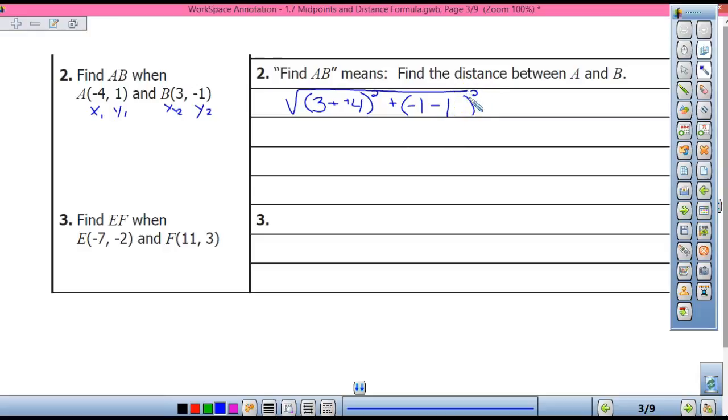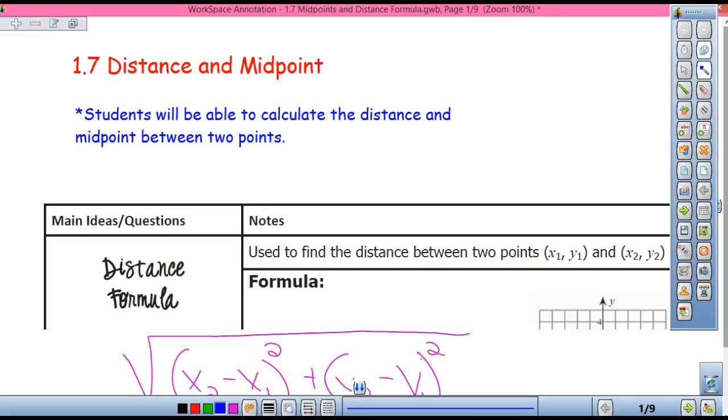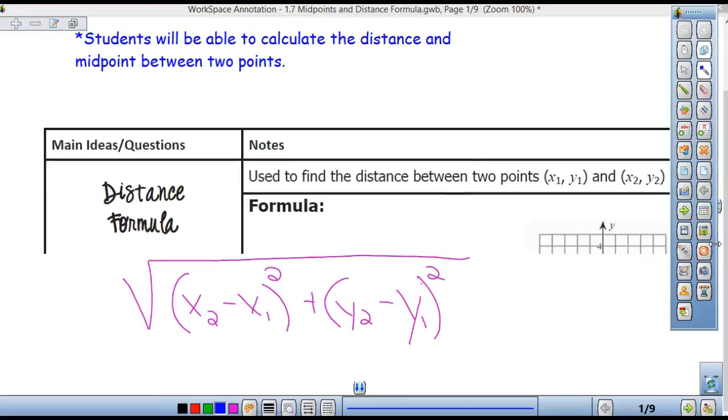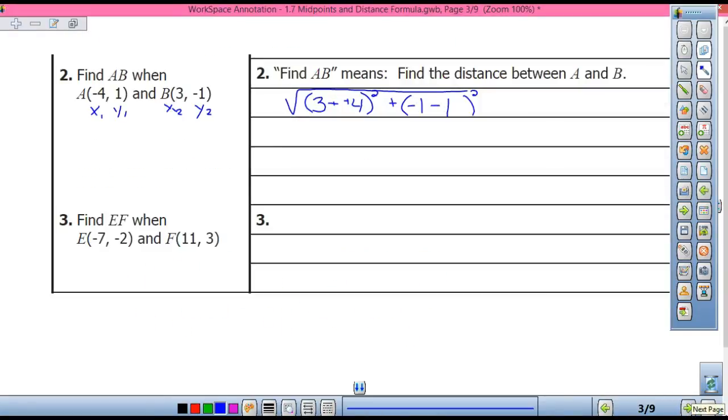Because we have the formula, Adrian, is x2 minus x1. So your formula is the square root of the whole thing. Okay, so when we got here, it was 3 minus -4. Minus and negative, that turns into a plus.